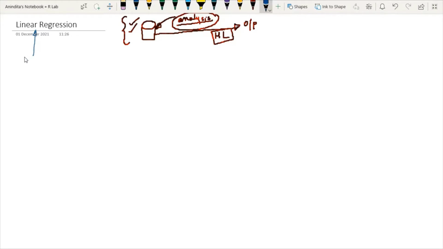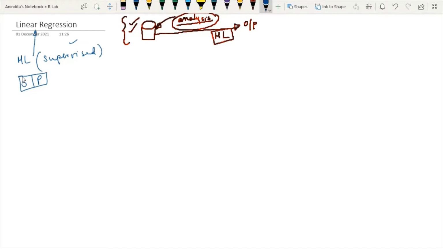I will tell you, it is a machine learning algorithm, a special kind of machine learning algorithm known as a supervised machine learning algorithm. Supervised machine learning means where we have to predict the output, and this output is basically continuous in nature.